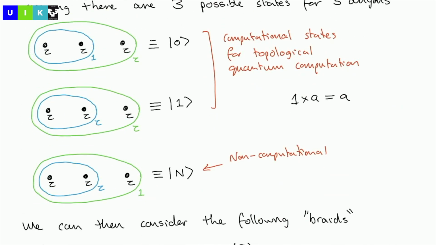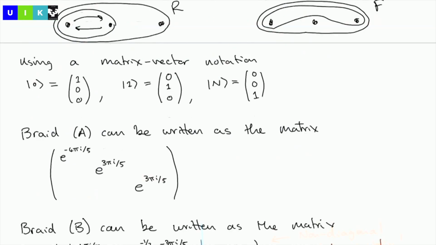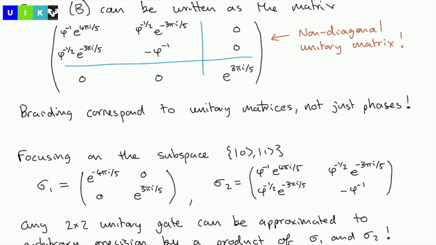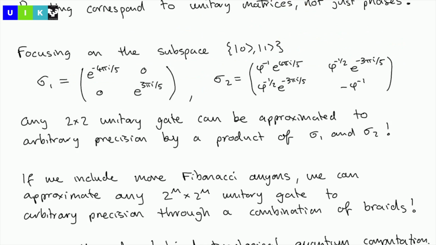We can actually separate out the 0 and 1 and this non-computational state. Those two sectors never get mixed up. Okay. Right, so let us focus on that 0, 1 subspace, because we can forget about this non-computational state. If we don't start in it, we'll never see it. So let's just focus on those 0 and 1, and we get these smaller matrices.